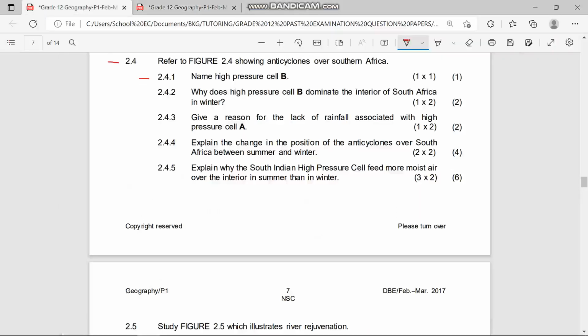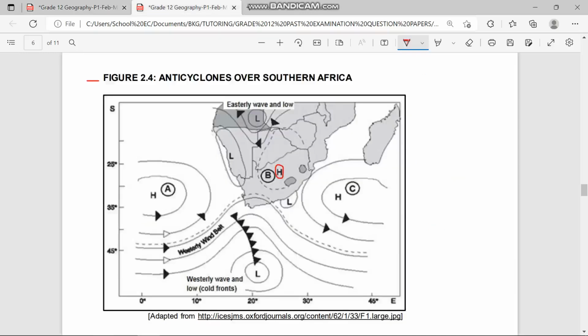2.4.2 says, why does high pressure cell B dominate the interior of South Africa in winter? So why does the Kalahari high dominate the interior of South Africa in winter? In winter there is more subsiding air that is going to cause high pressure in the interior of South Africa, and also over the two oceans surrounding South Africa, the South Atlantic Ocean and the Indian Ocean.